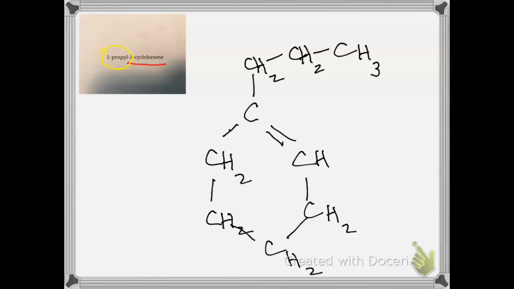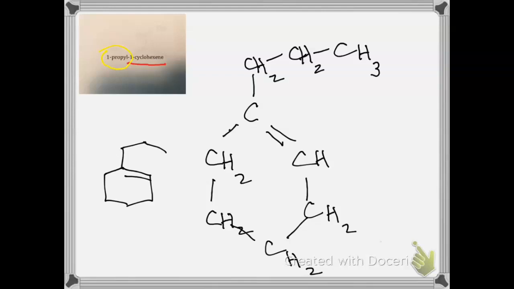So there's our structure. And if we wanted to be cool kids and show what that looked like in a skeletal form, we would draw something that looks like that.